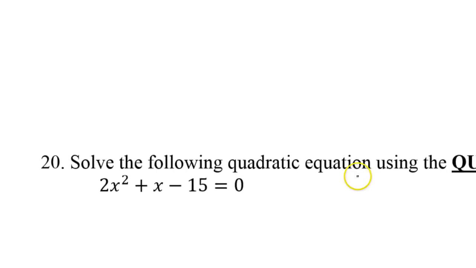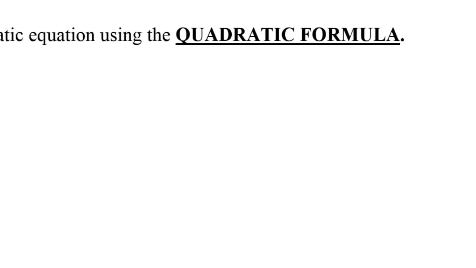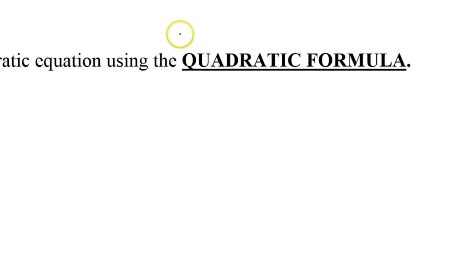Okay, let's move on to number 20. Solving using the quadratic formula. Now remember, the quadratic formula, we use it to solve equations that are of the form ax squared plus bx plus c equals 0.